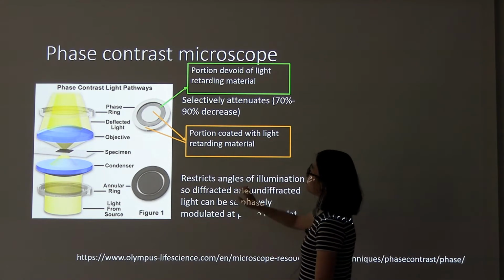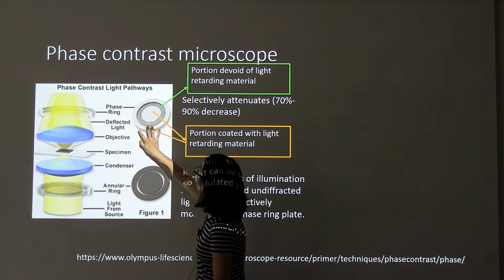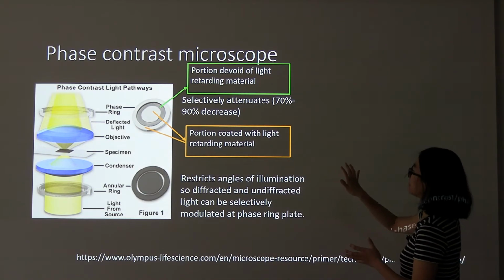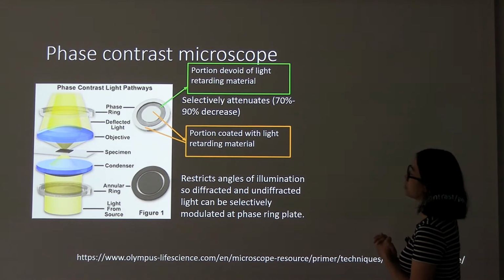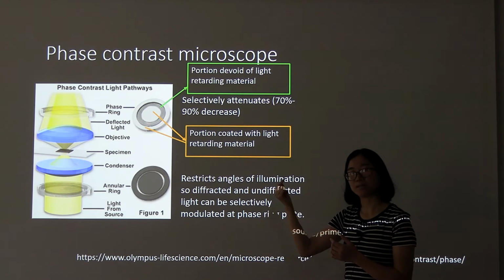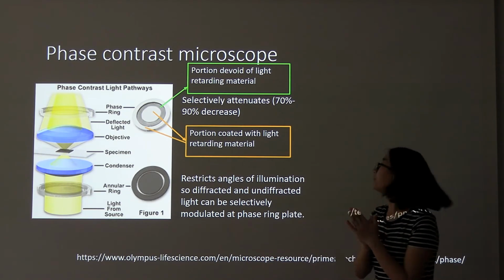The material of the phase ring plate is a little bit different. There are three parts. The inner part and the outer part are coated with light retarding material. When the light goes through this material, it will be retarded about 1/4 of the wavelength, so 90 degrees.